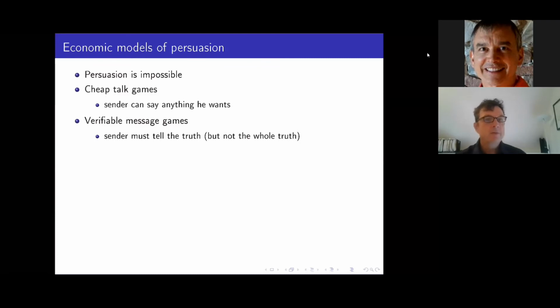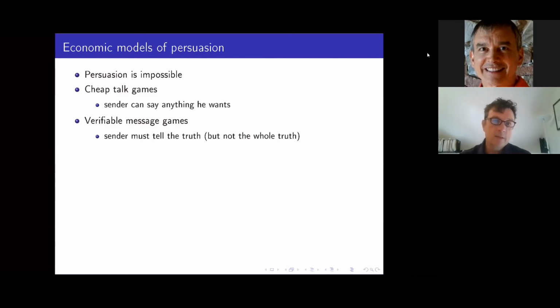Well, if you think about cheap talk games, so these are games where the sender is sending a message, but one that has no cost to him and has no verifiability either, then in cheap talk games, really the sender can say anything he wants. The receiver will know that the sender is basically just trying to influence him and will therefore disregard the messages, so no communication happens.